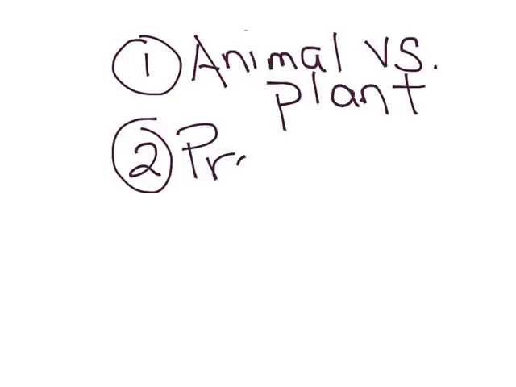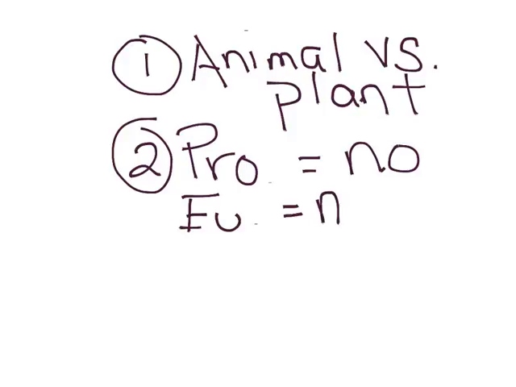Now, we also mentioned the difference between prokaryotic and eukaryotic. Okay, we said think no. Prokaryotic does not have a nucleus, whereas eukaryotic, you have a nucleus. You are eukaryotic.